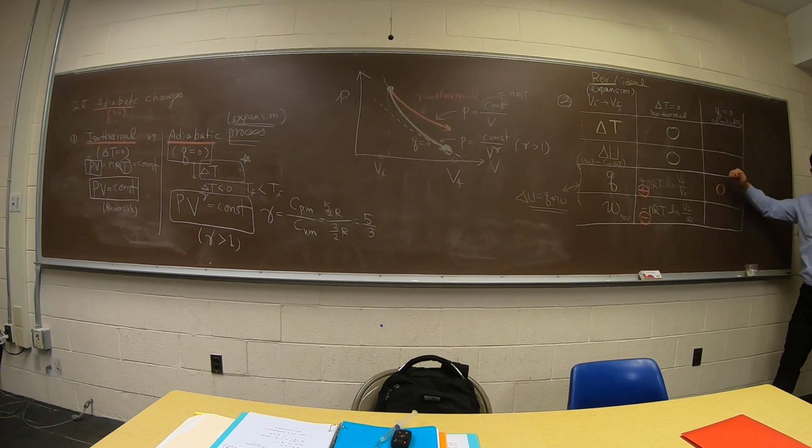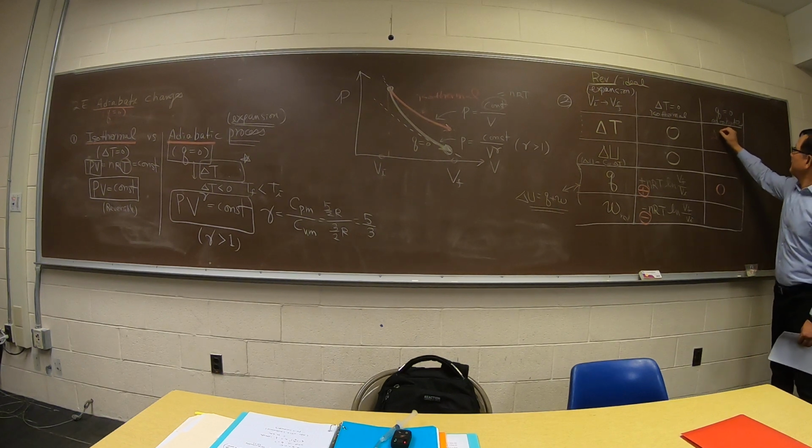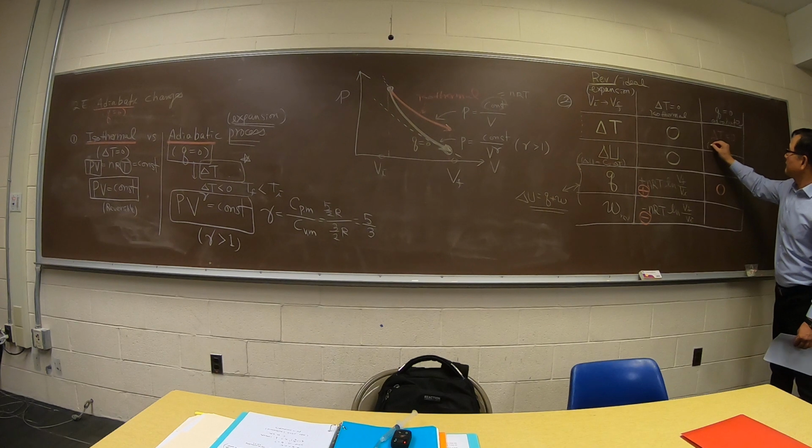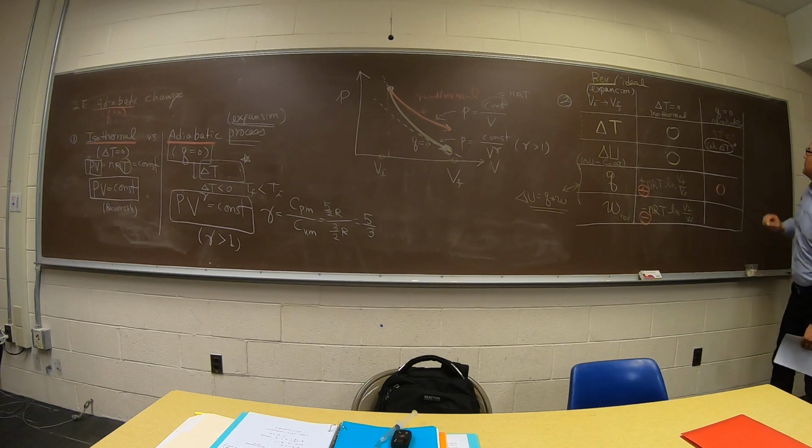So I need to figure out which one is easier to calculate. That's my logic. And then what about delta T? I know delta T is not 0, okay? And this is something that I need to calculate. You need to calculate delta T for adiabatic expansion. This one is the first thing that you need to calculate.